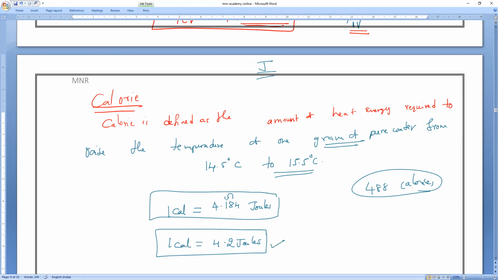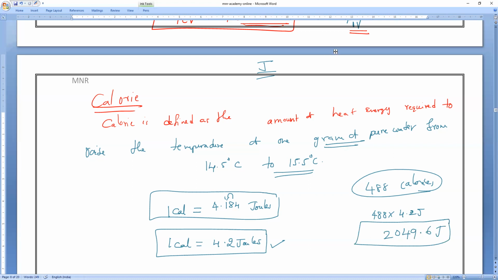Now Snickers is giving 488 calories, which means 488 into 4.2 joules. How much energy? Multiply it and tell me. 488 into 4.2, how much is it? That is a big chocolate. It is 2049.6 joules.